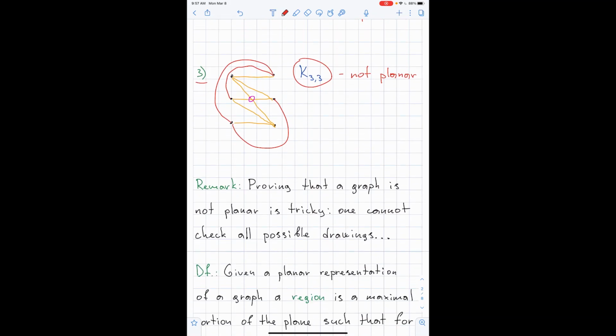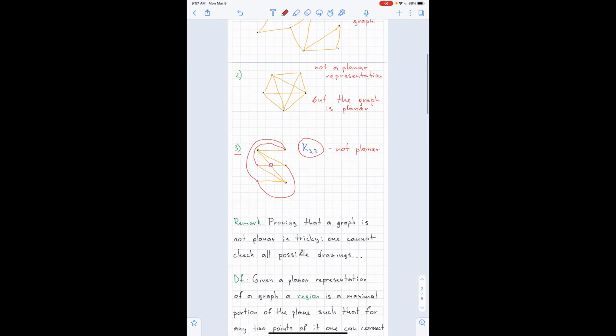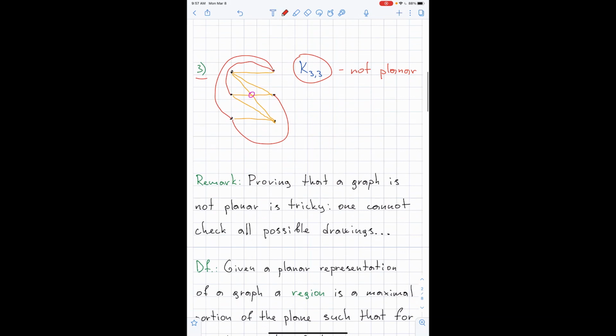However, what I did right now is not really a proof. I just tried to draw it and I failed, but I didn't really check all the possibilities. Maybe there is some clever way to draw it without intersections. I don't know. So I want to highlight that proving that a graph is not planar is rather tricky.